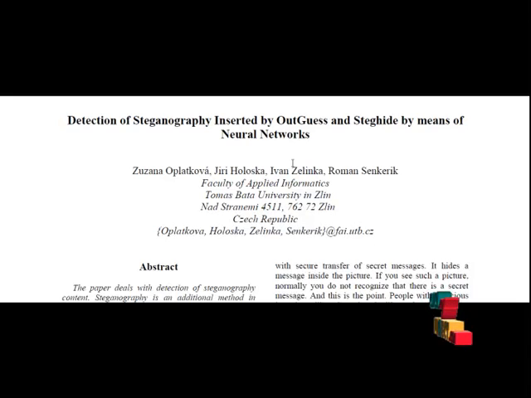Firstly, the programs OutGuess and Steghide are described, along with the problems we had at the beginning with detecting steganography content. Then methods of extracting suitable samples which can be used for training by a neural network are presented.